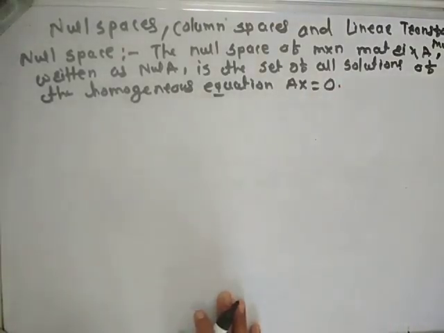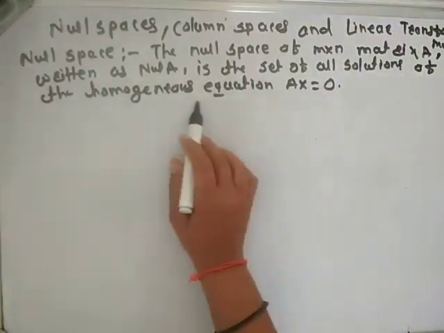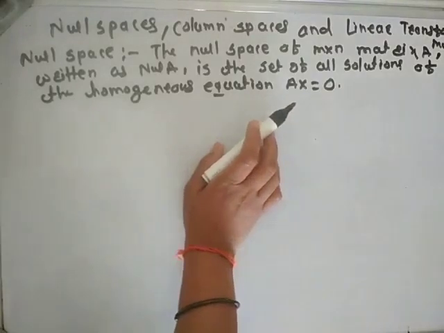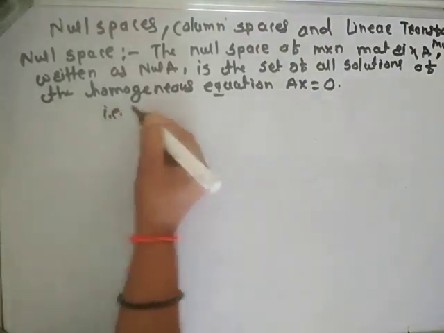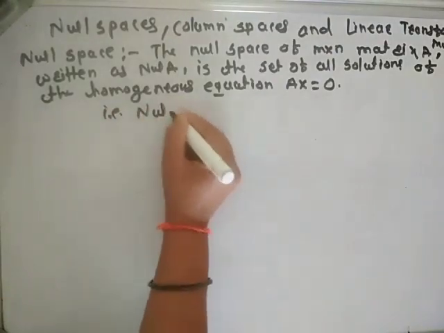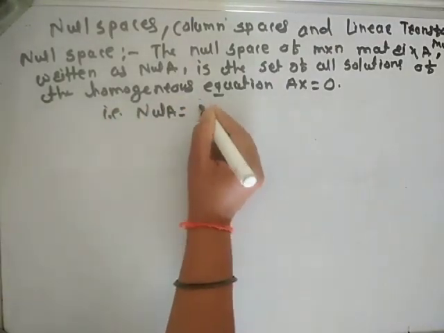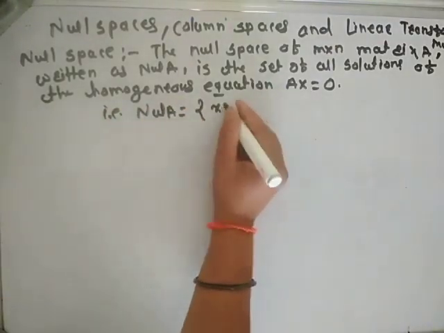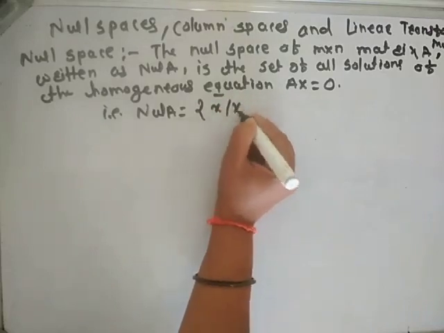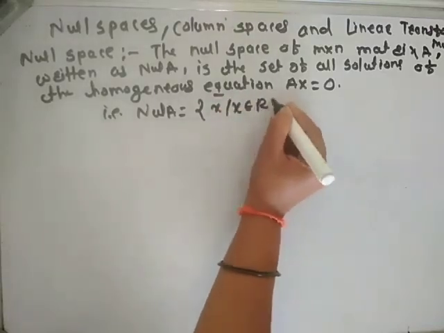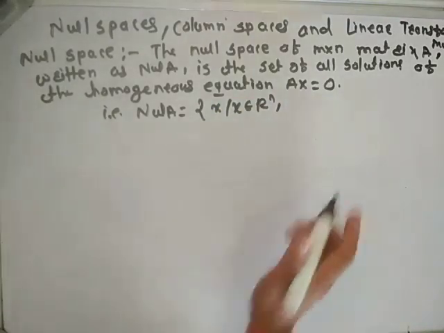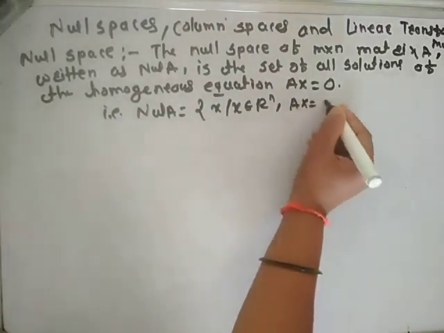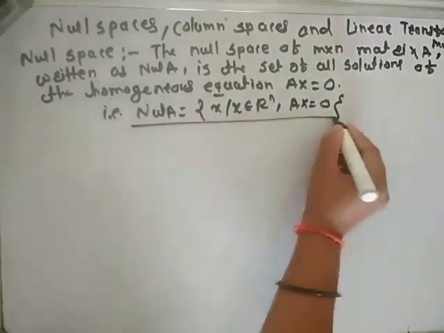Null space of A means what? The set of all solutions of the homogeneous equation A into x is equal to 0. That is, in set notation, null space of A is equal to the set of all x such that x belongs to R^n, Ax is equal to 0. Okay.